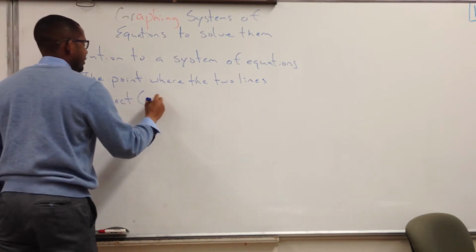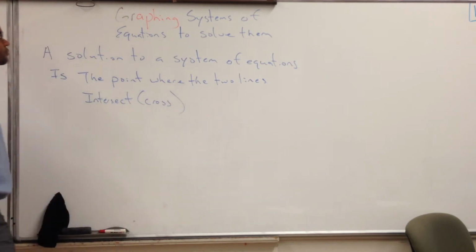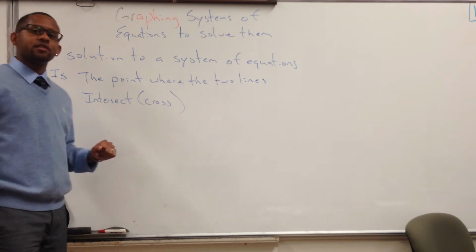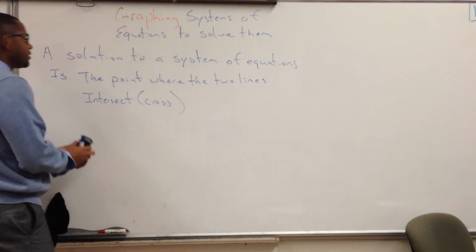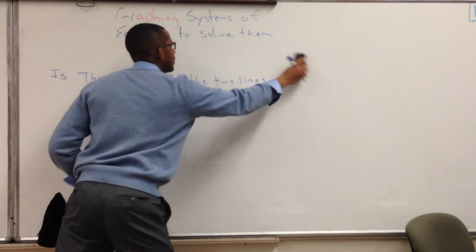In other words, where they cross. Right? A solution to a system of equations is the point where the two lines intersect or where they cross.